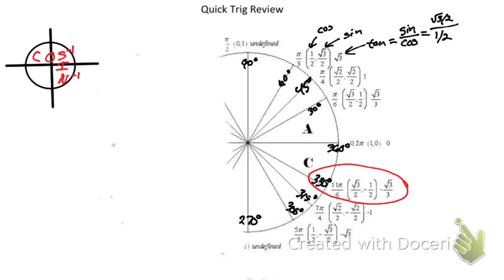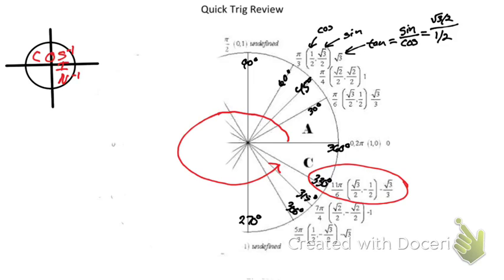Does anyone remember why it isn't 11 pi over 6? I almost said what the actual answer was. Yeah? Because you can't go over into the answer, so you have to go the opposite direction, so it's going to be negative pi over 6. So what Liv said is basically, to get there, I'd have to go all the way around here to get to 11 pi over 6. But none of this actually exists.